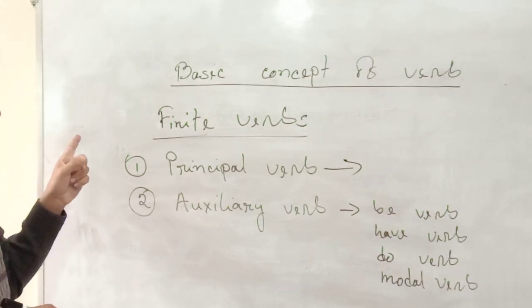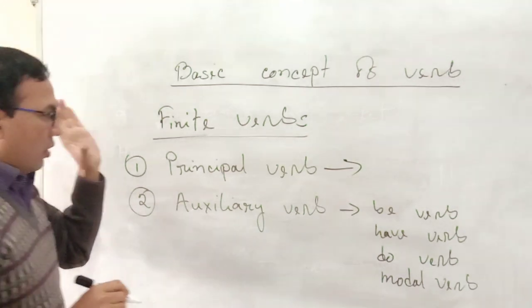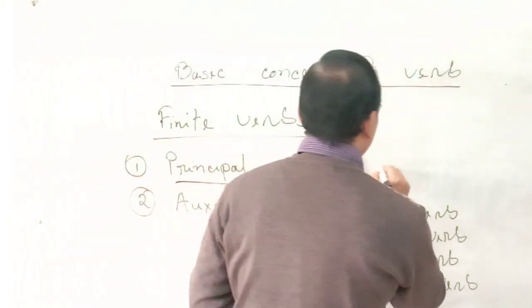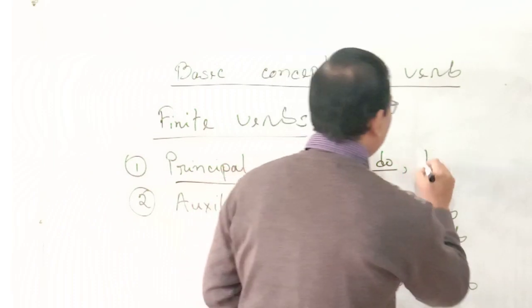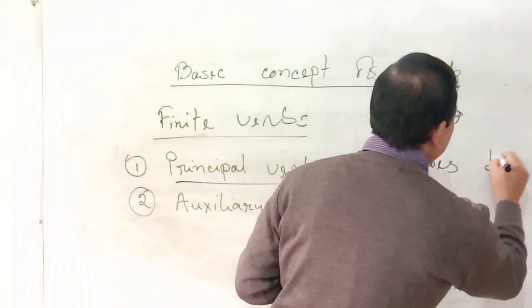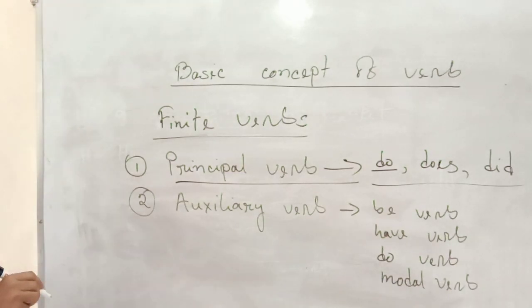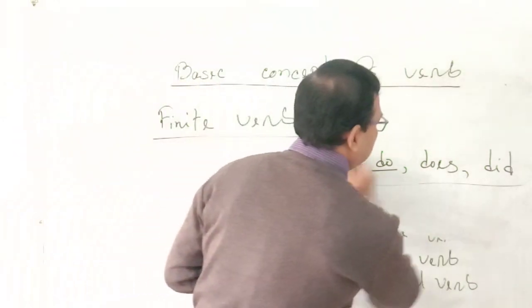Go is the base form, goes is the es form and went is the past form. These three forms are principal verbs. And if we use do as the example, then do, does and did. These are principal verbs.